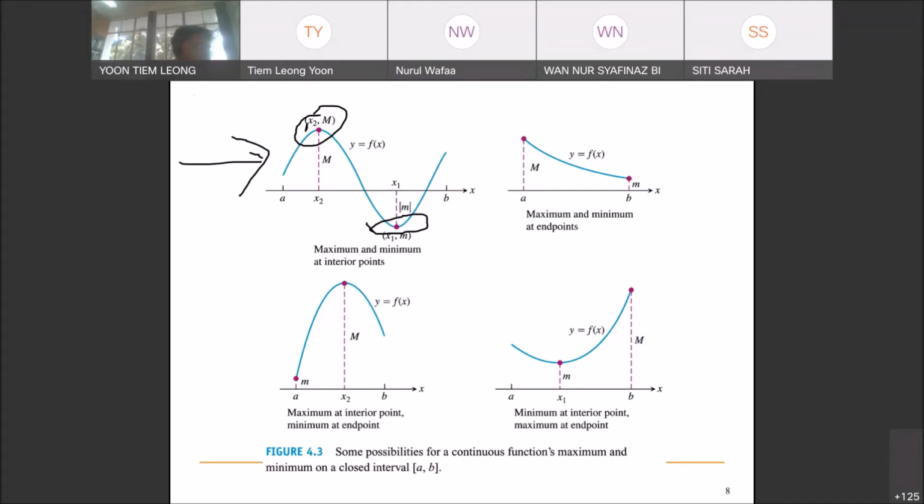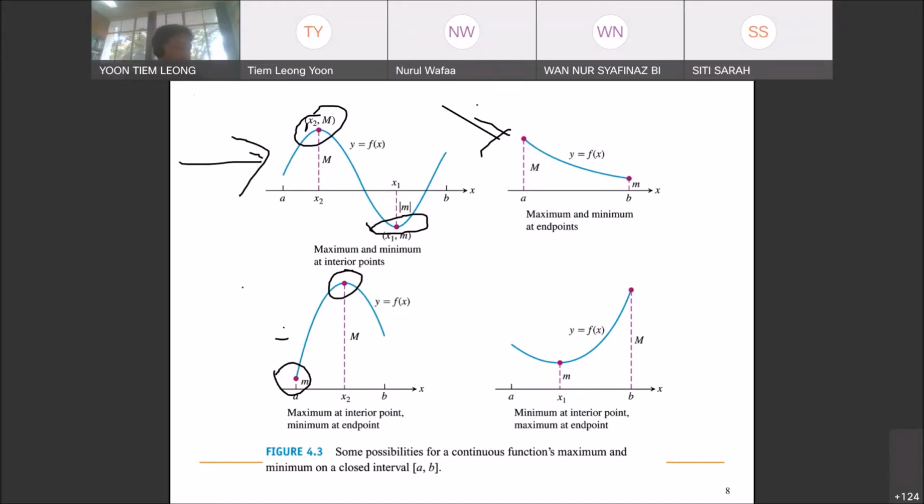So this is an example where the extremum happens at an internal point. You could also have a situation like this where the extremum is happening at the endpoint, right? So there is no internal point where it's maximum or minimum. This is another example where the absolute maximum is happening at an interior point, whereas the local minimum is happening at the endpoint.